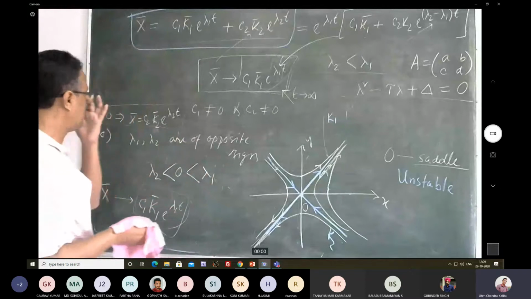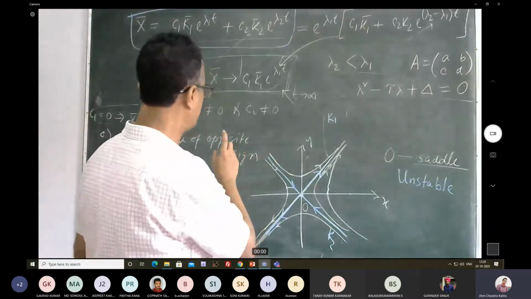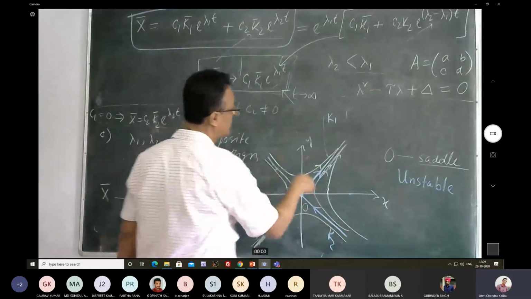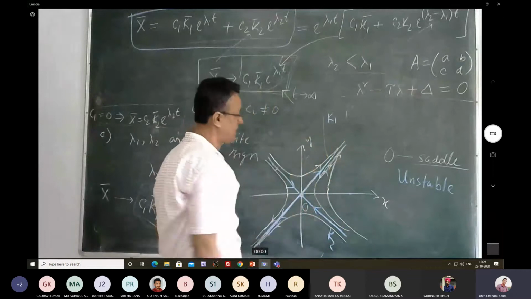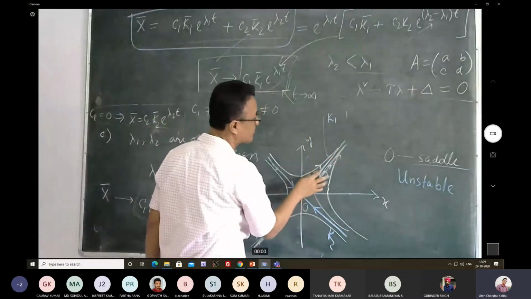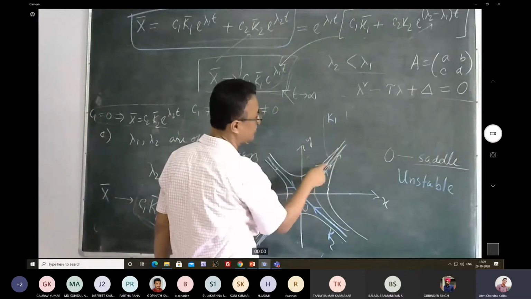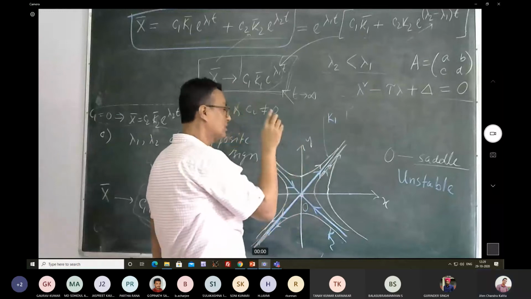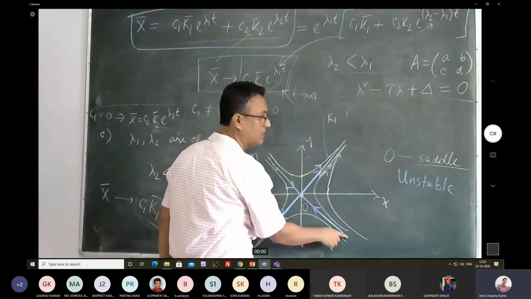One thing. That comment I made, that all the other trajectories, which are nothing but curves, are going to lean towards your K1. But remember, not originating on this line.